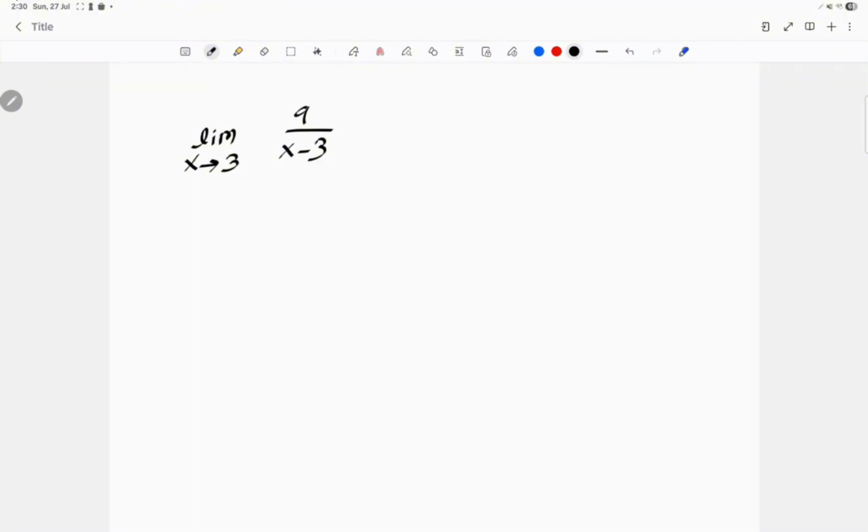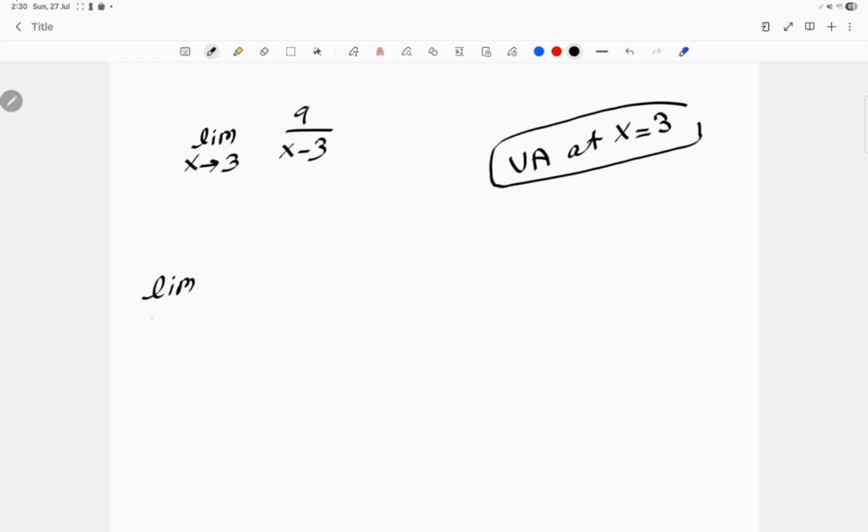How about this one? What do we do here? No. If you put 3 in the bottom, the whole thing becomes 0. Correct? What's the limit as x approaches 3 from the left? You guys know? This is 3.